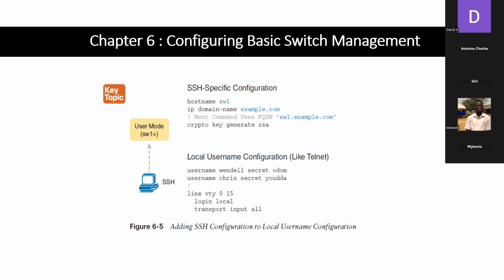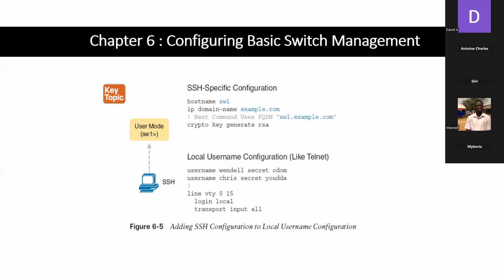So let's talk about this example, and of course we'll talk about the config checklist. But let's talk about the SSH specific configuration. With SSH, whenever we're configuring, we need to have a few things. We need to have a host name on the switch. We need to have a domain name.